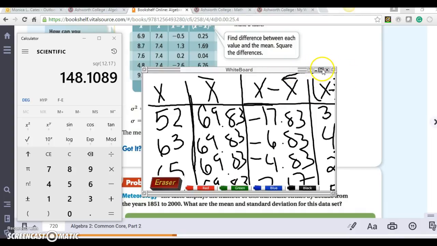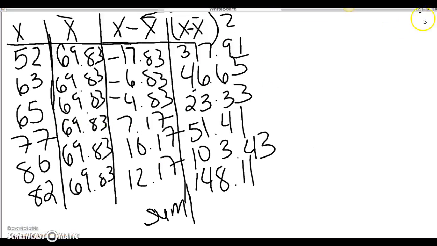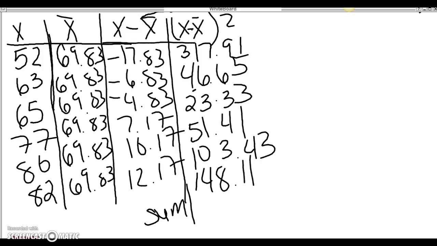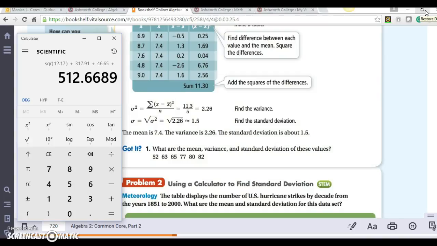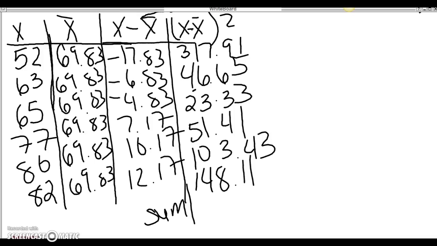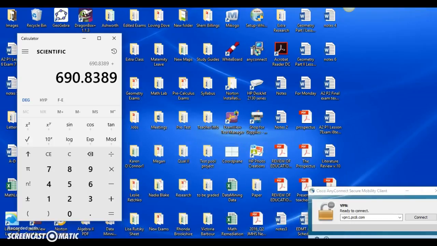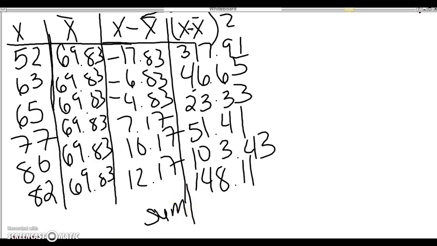So we'll have to do 317.91 plus 46.65 plus 23.33 plus 51.41 plus 103.43, and we already had this one on there, so we'll go back.